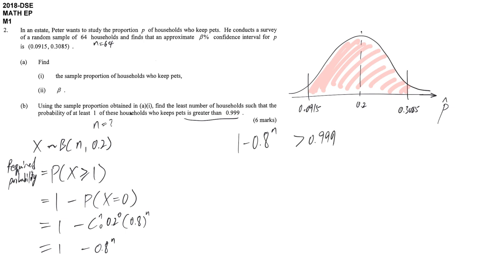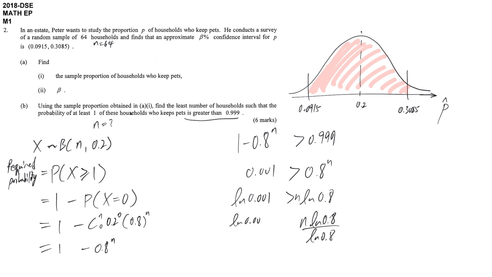Just handle this exponential inequality quickly. Take log on both sides. Therefore, both sides divided by natural log 0.8. But beware that natural log 0.8 is a negative value.